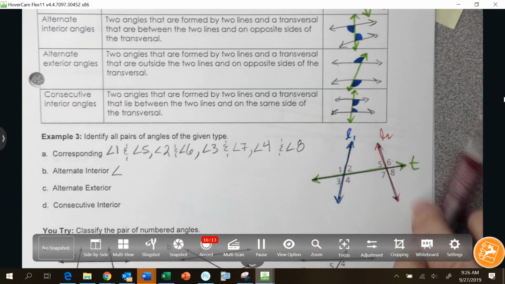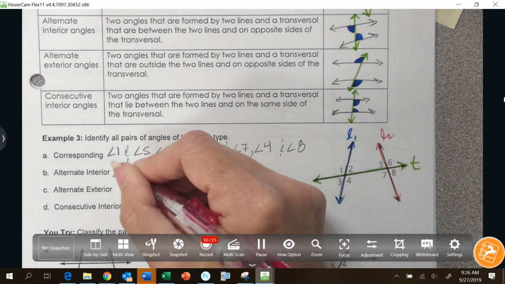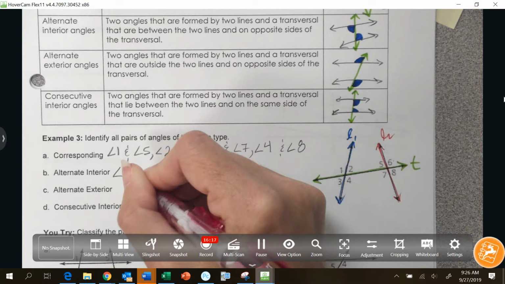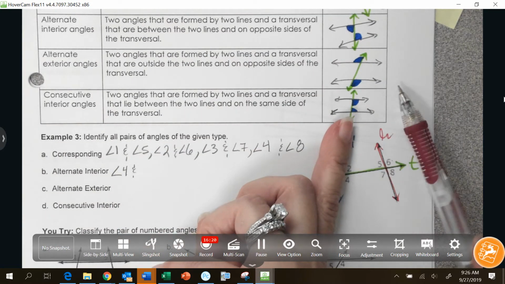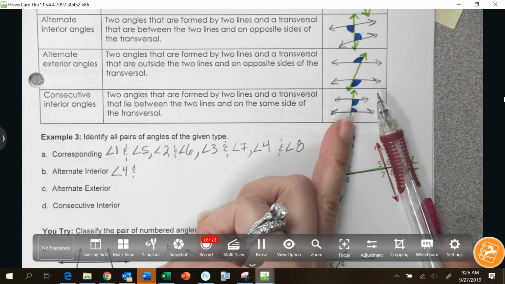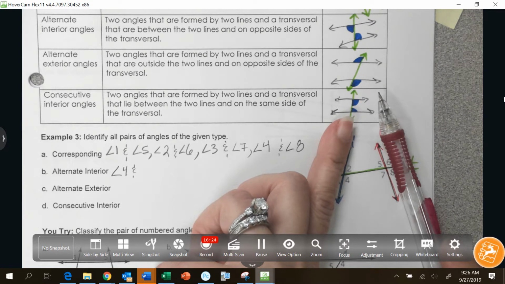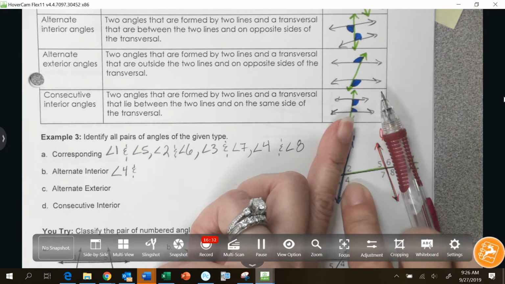Angle 4. So if we're looking at angle 4 and we want to do interior, then we have to look at the angle that is not on the same side of my green transversal, but is also on the interior. So Tyler, can you tell me what is alternate interior for angle 4?